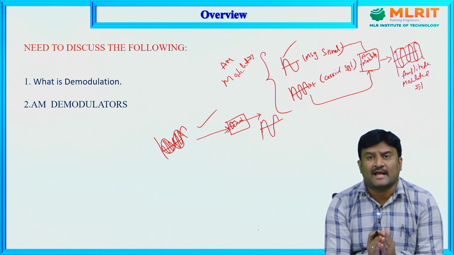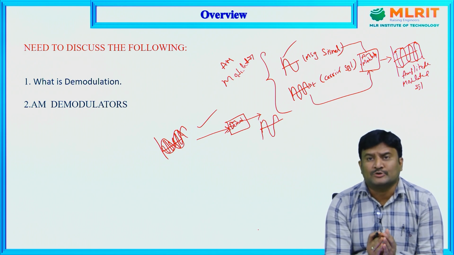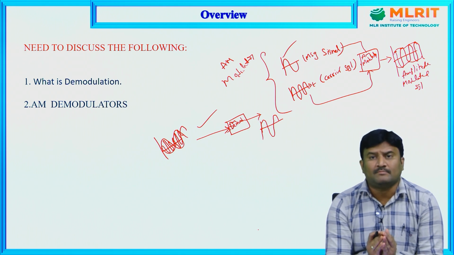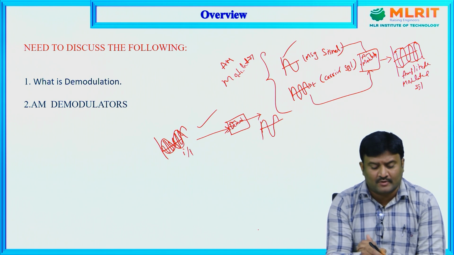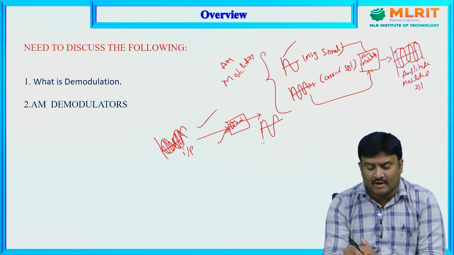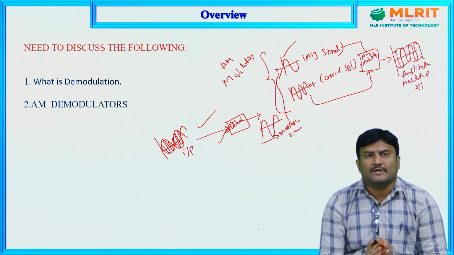Especially we are discussing AM demodulators right now. The input of the AM demodulator should be the output of the AM modulator, nothing but the amplitude modulated signal. That amplitude modulated signal is given to the input of the AM demodulator, then the output should be the message signal. This is nothing but the demodulation process.